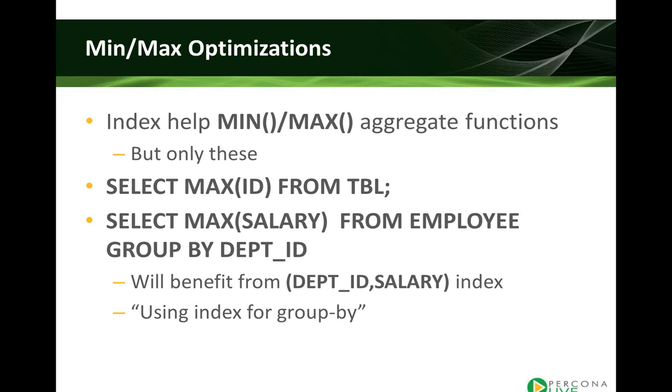Also, if you have multiple column indexes, you can do SELECT MIN or MAX with a GROUP BY, which will be able to use something called loose index scan or skip scan, which is very efficient. In this case, you'll see something like "Using index for group-by" in your EXPLAIN statement. What is important to note here is that this applies only to MIN and MAX aggregate functions. It wouldn't be able to optimize something like AVG, or anything else for you here, because of what the data structure is.